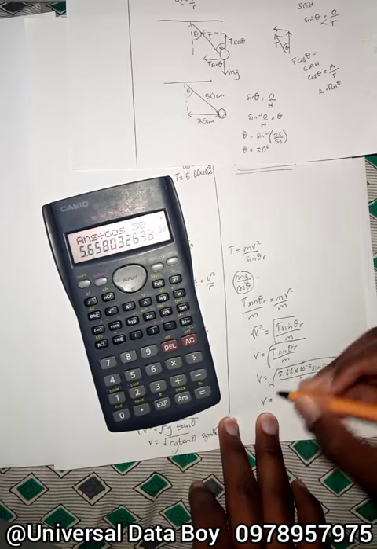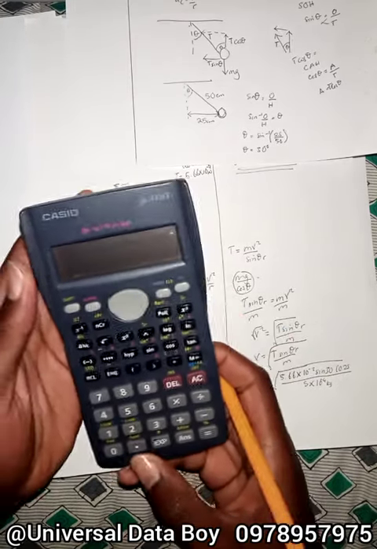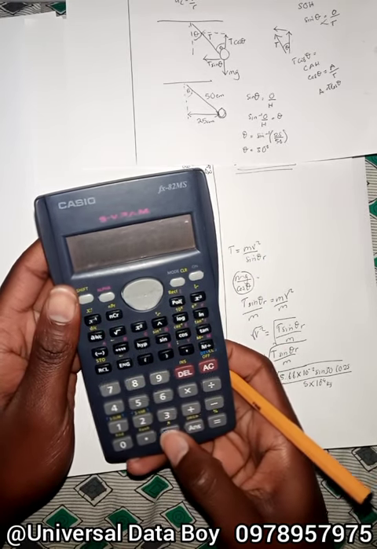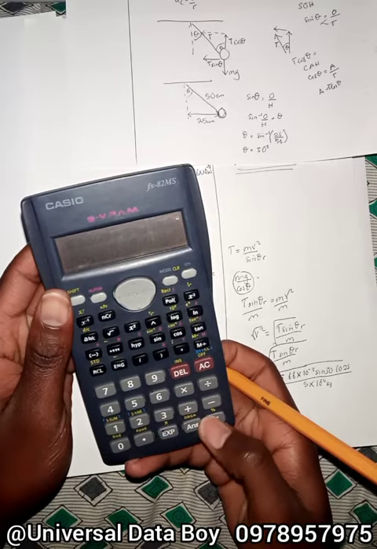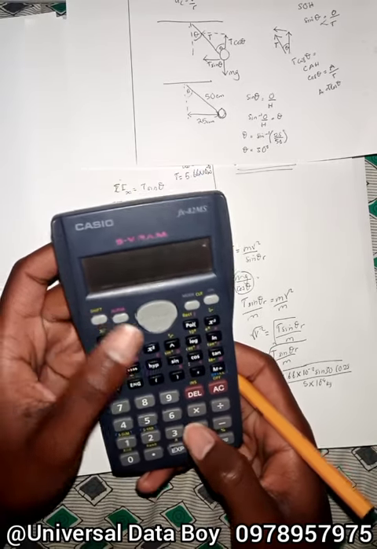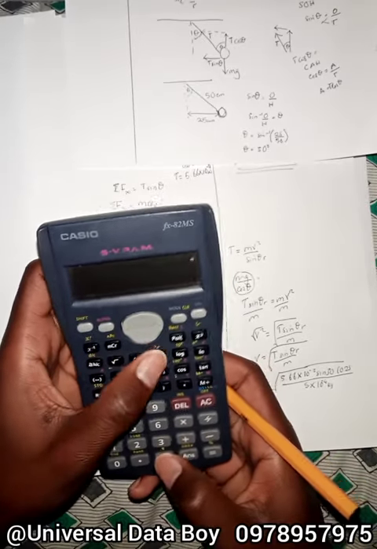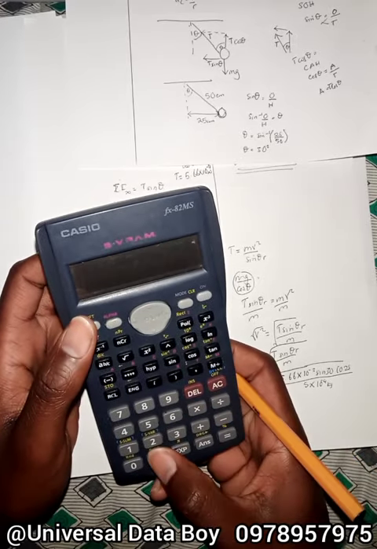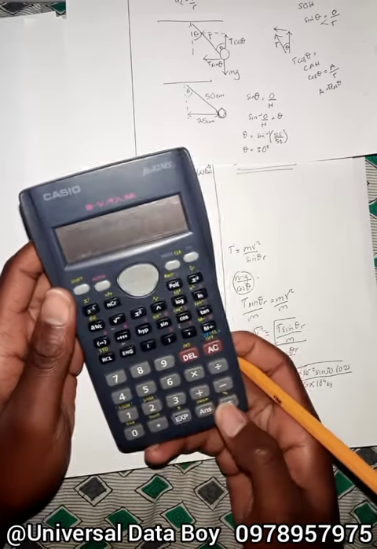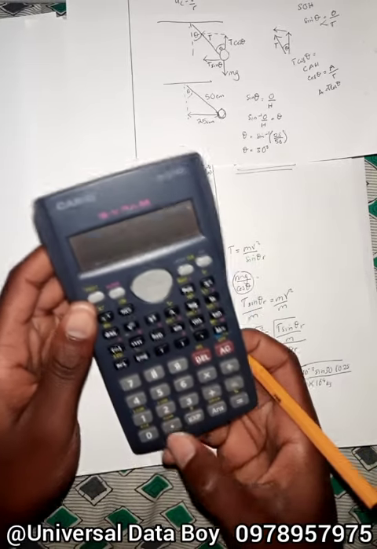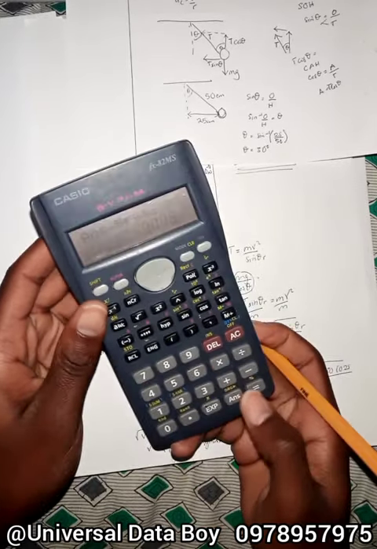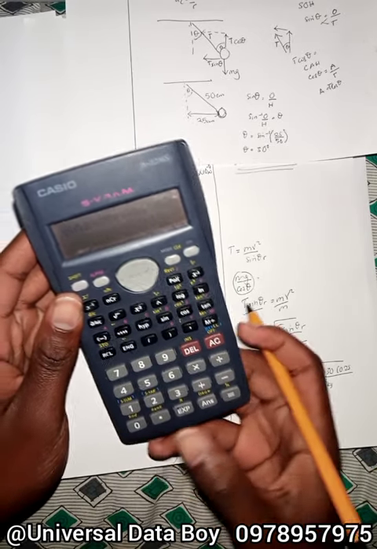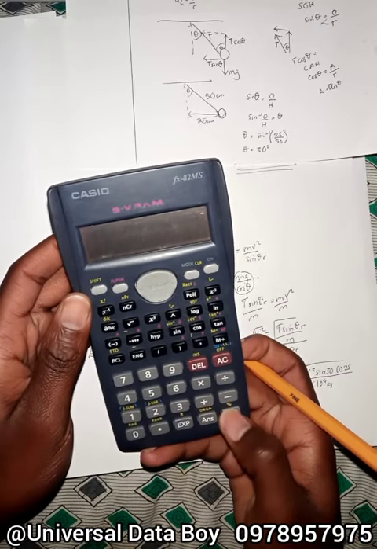So then our velocity will be equal to 5.66 exponent neg 3 times sine 30 times 0.25, then divide by 5 exponent negative 4, and then you find the square root of the answer.